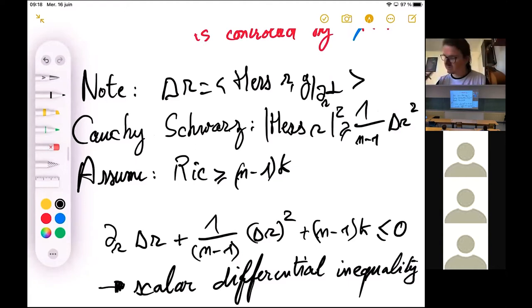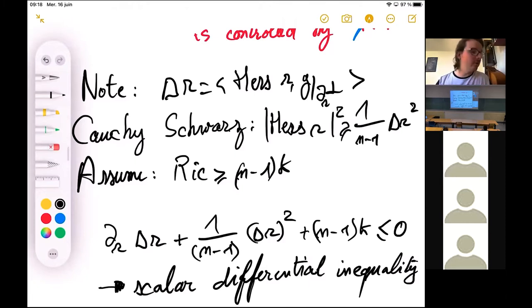With two-sided bounds on the Ricci curvature, you can say some things, but with only an upper bound on the Ricci curvature, at least in a qualitative topological way, you cannot say anything.